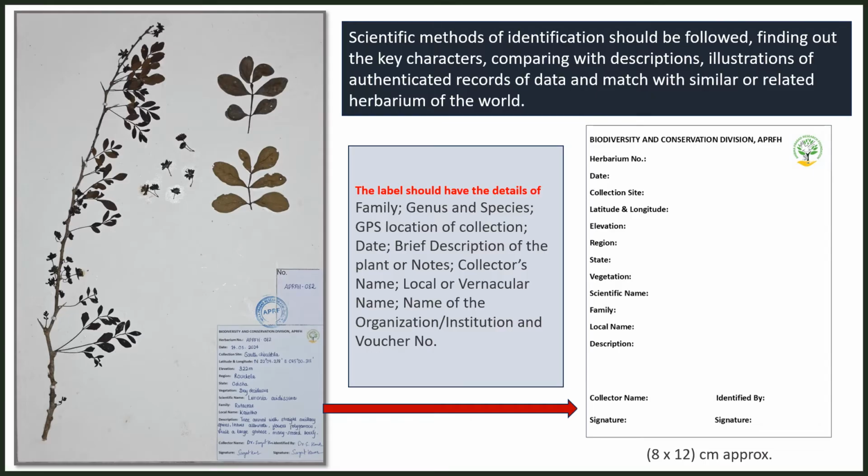And this label should have the details of all the characteristics of the plant, including the family, genus, and species, and it is mandatory to have the GPS location, then the plant description in a very short way, and any plant notes, the collector's name, any local or vernacular name, the name of the organization or institution, and the voucher number. So all these details have to be included inside the label.